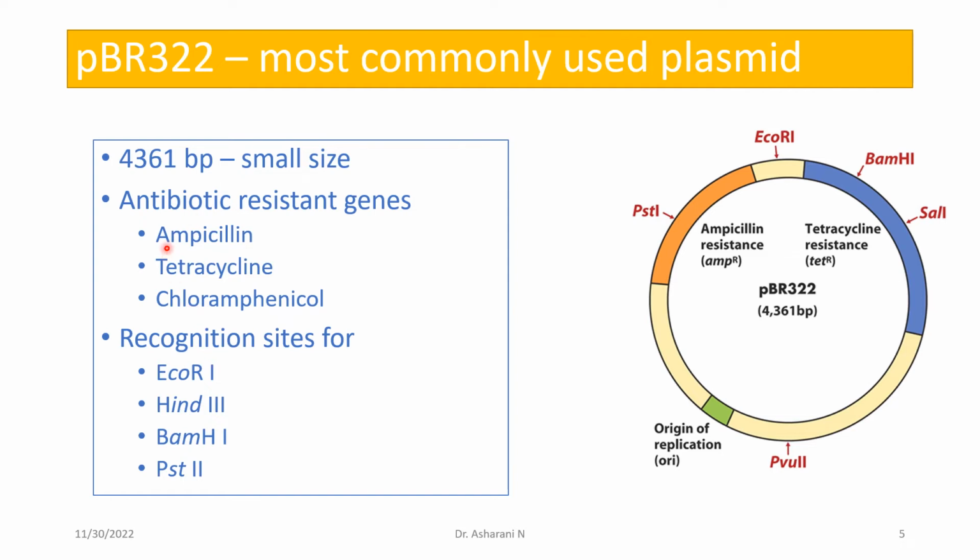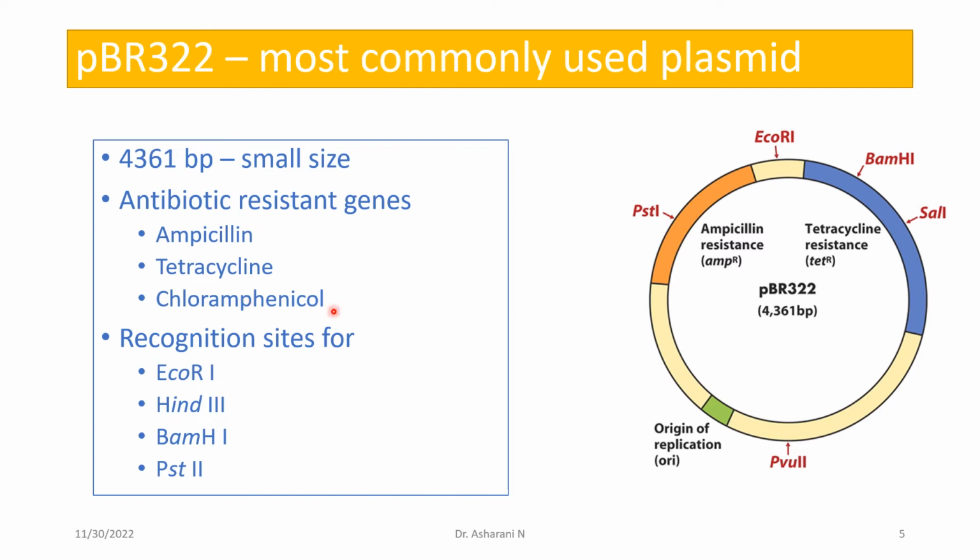For example, it has ampicillin resistant gene, and it has tetracycline and chloramphenicol resistant genes also. So these antibiotic resistant genes can be used as markers when we want to identify whether the host is transformed or not. What I mean to say is, if you want to pick up an intact plasmid or a recombinant version of the plasmid in a host, these resistant genes will be very helpful.